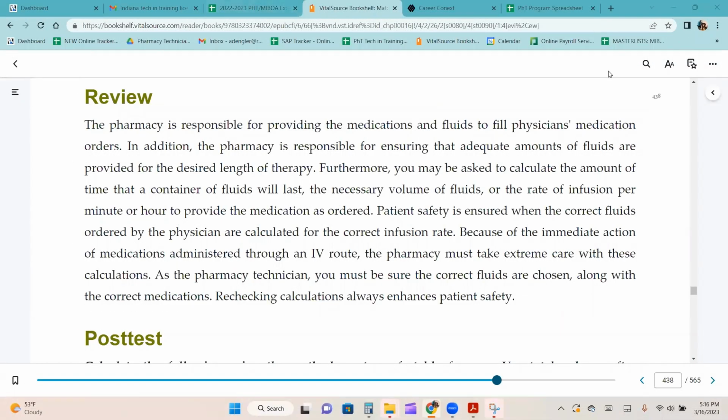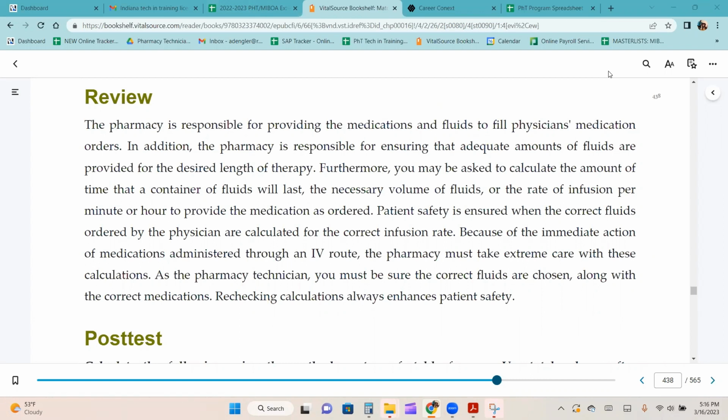The pharmacy is responsible for providing the medications and fluids to fill physicians' medication orders. In addition, the pharmacy is responsible for ensuring that adequate amount of fluids are provided for the desired length of therapy. Furthermore, you may be asked to calculate the amount of time that a container of fluids will last, the necessary volume of fluids, or the rate of infusion per minute or hour to provide the medication as ordered.